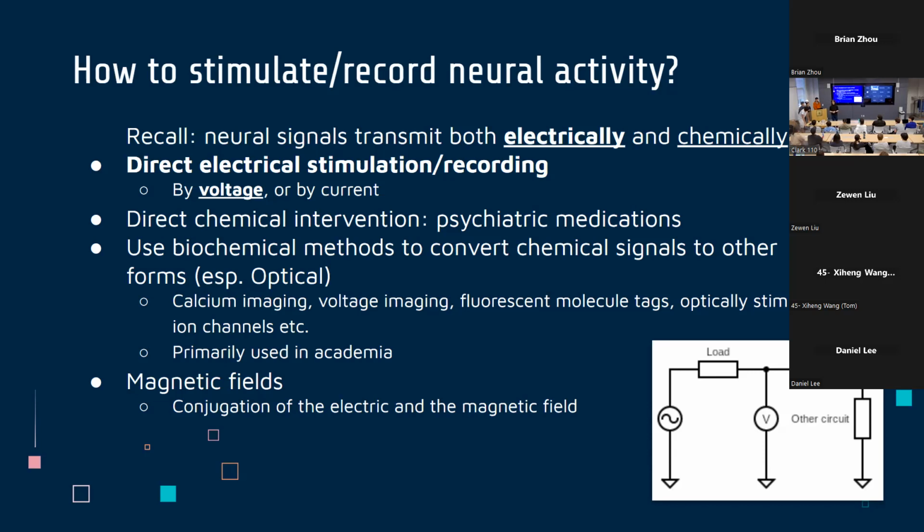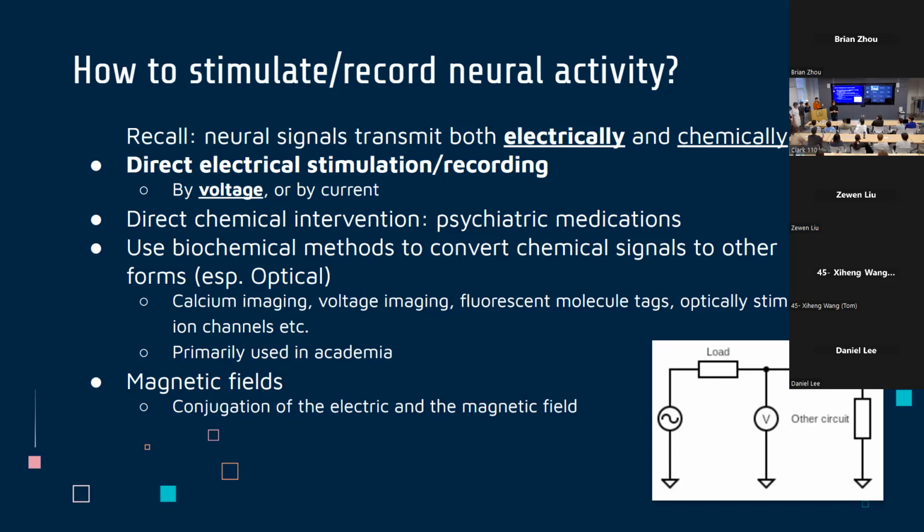But also, engineers, biochemists and neuroscientists have come up with ways to modify neurons so that the electrical signals can be presented in biochemical ways. And from there, you can present them in other forms, predominantly optical forms, thanks to the field of optogenetics.